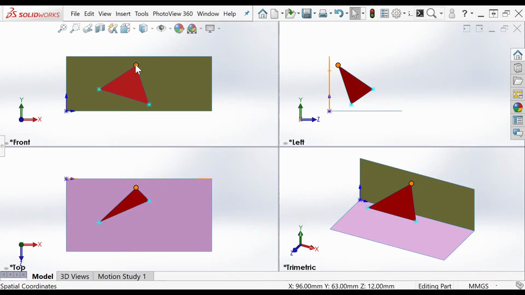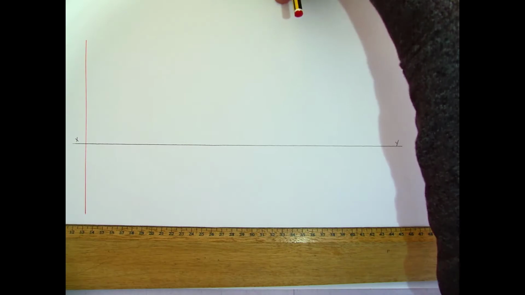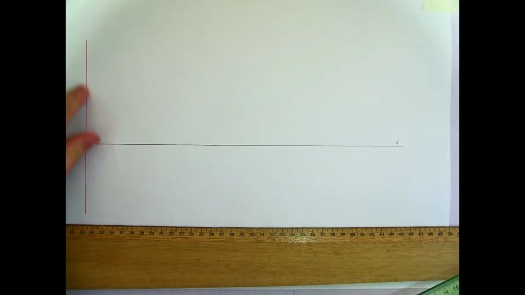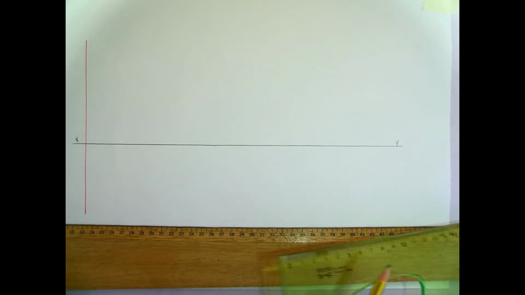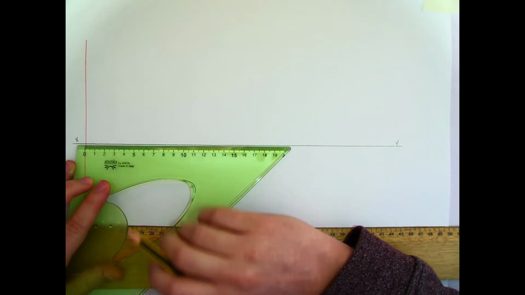So how do we go about drawing that on our page? So we'll just have a look at doing that now. So we are given 3 coordinates for A, B and C. So for A, we're told we're going to need a reference line, a datum line, and that's where we're going to measure from. That would be our origin in SolidWorks. So we're going to measure in from that.